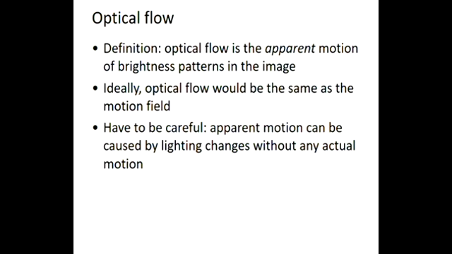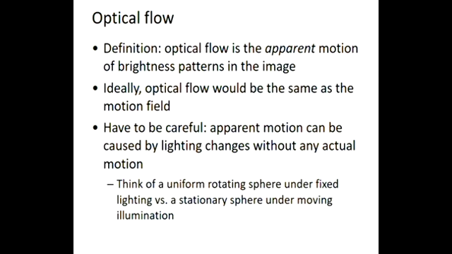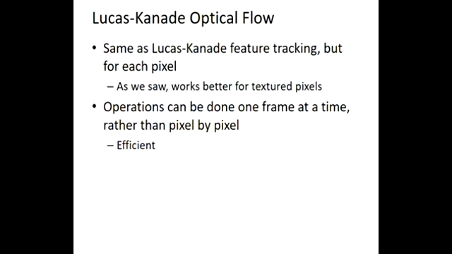Or think about a sphere rotating under constant lighting, or a stationary sphere while the lighting is changing. You'll get apparent motion in both cases, even though the object is only actually moving in one of them. So it's important to keep in mind that we're really measuring apparent motion, how the intensities change, not true motion.